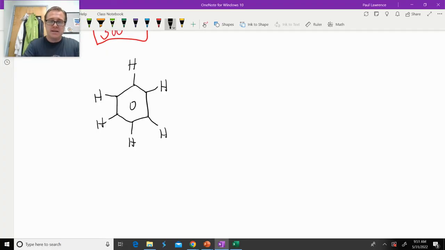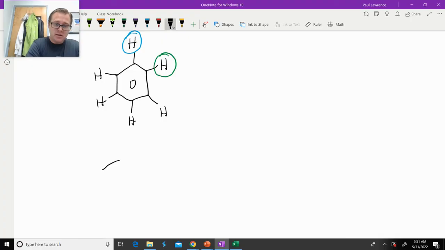The replacement test says we take our molecule of interest and ask ourselves a question, and it always involves 2 sets of hydrogens. My question could be, is this hydrogen circled in blue and this hydrogen circled in green equivalent or not? To answer that question, you will take that molecule and redraw it.